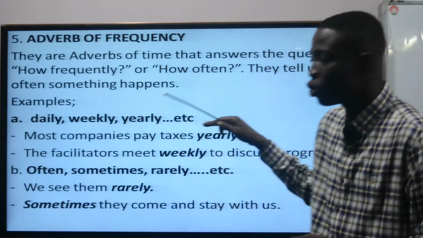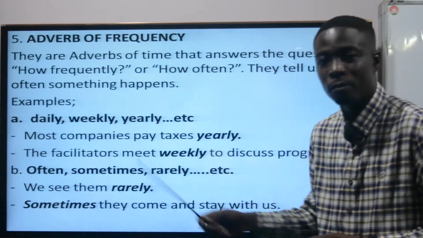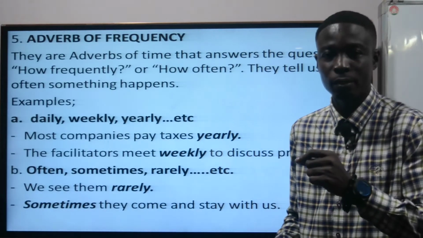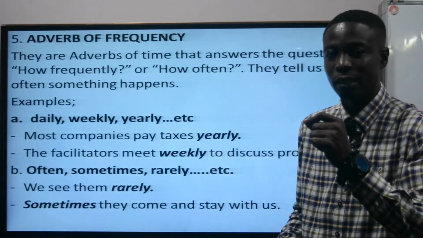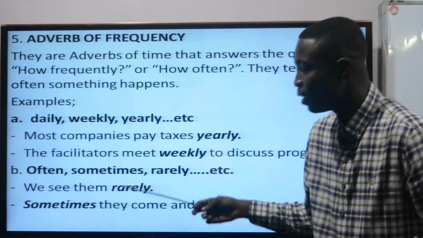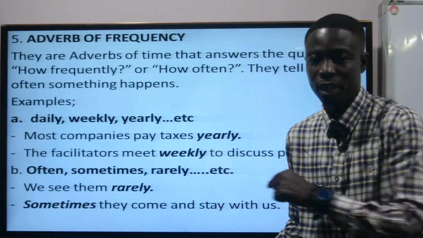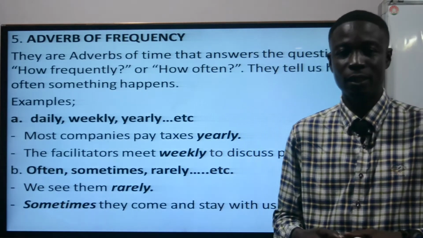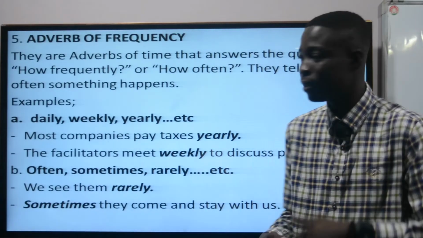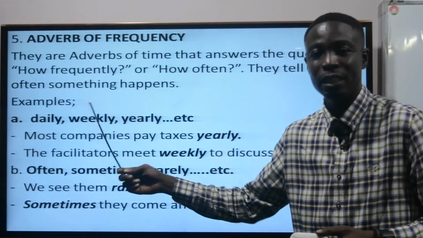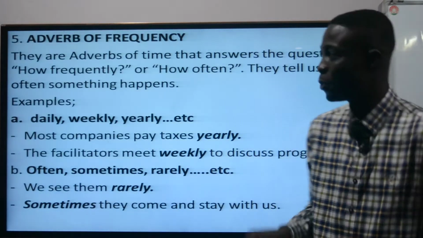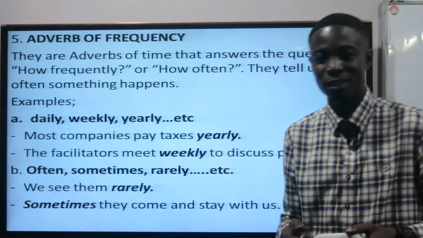So in the first group, we refer to them as the definite adverb of frequency, and the second group is the indefinite adverb of frequency. So under adverb of frequency, we have definite and then indefinite. So take note of these.